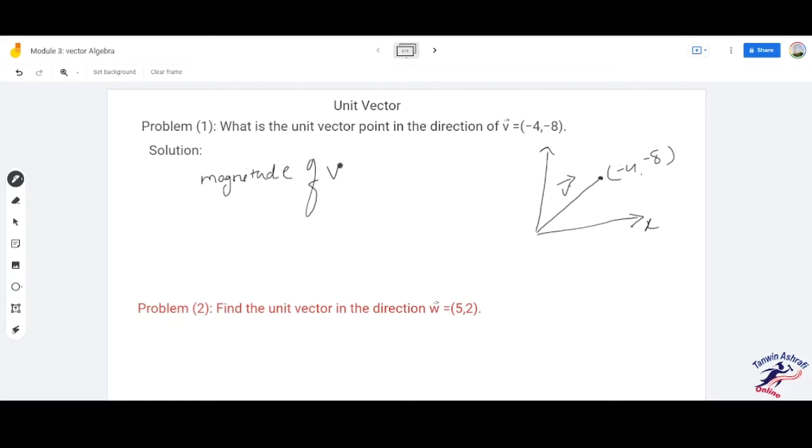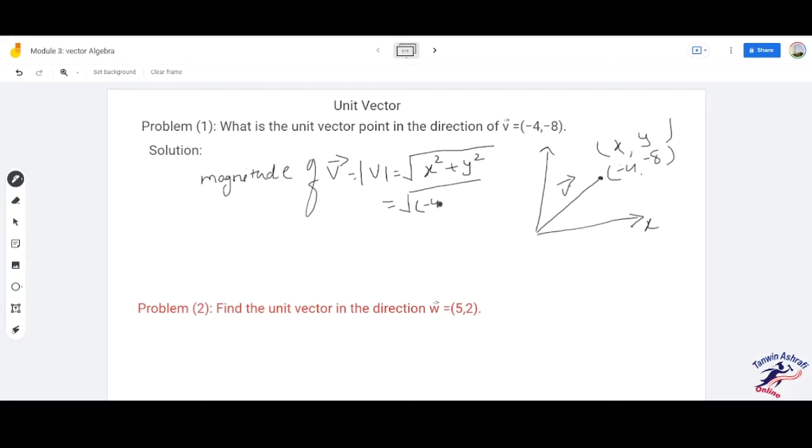of vector v. So let's find the magnitude of vector v. The magnitude of vector v is the square root of, since it's two-dimensional, we take x and y, x squared plus y squared. What is x? For x we have minus 4, and for y we have minus 8.